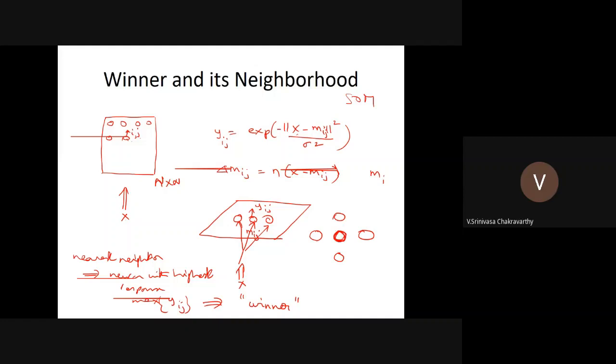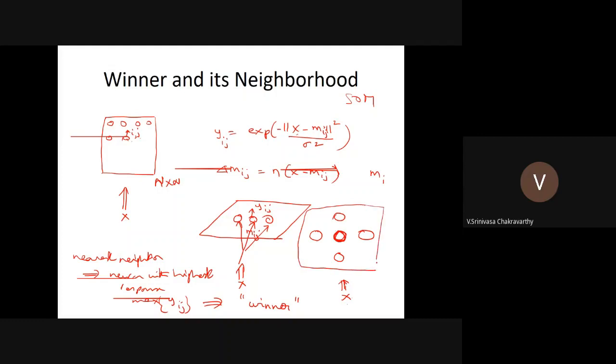So this fellow responds with the highest value to a given x. Now what I want is even nearby neurons should respond to roughly the same stimuli. So if I make a small change in x, some nearby neuron should respond, because if this given value of x represents my little finger, a small change in that x might represent my ring finger. So therefore a nearby neuron should respond to it. So how do I make this happen? For that, I need to define something called a neighborhood.